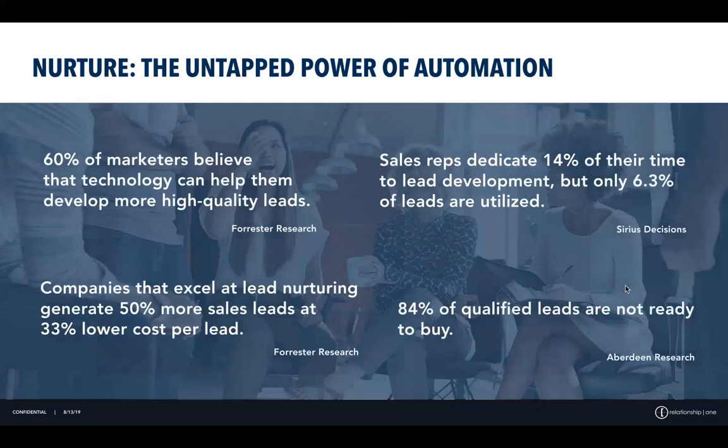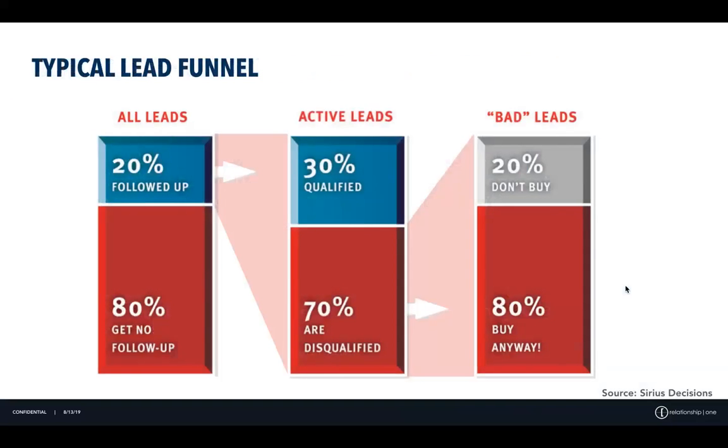And this is an old slide, but I love it. A typical lead funnel is that only 20% of all leads are followed up on. From that, 70% of those leads are disqualified, either through the marketing qualification process or from the sales acceptance process.